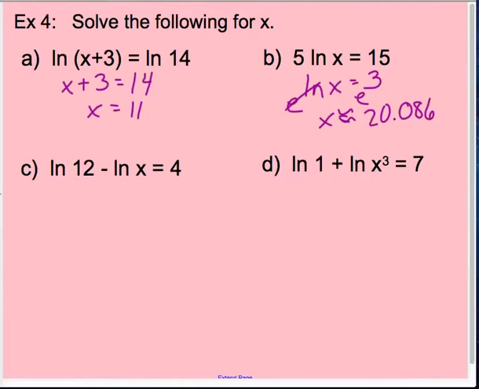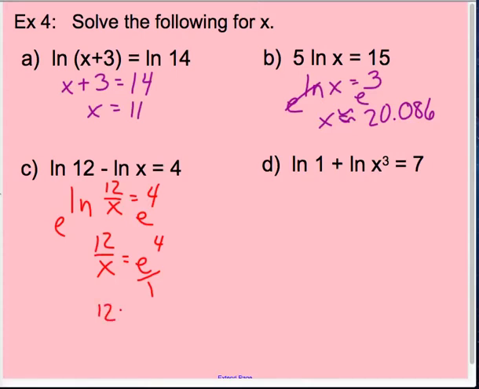On C, I'll condense this to a single log first, before canceling the natural log. So subtraction of logs condenses it to division. And then I'll have e on both sides. So what I'll do here is set this up as a proportion and then cross multiply.